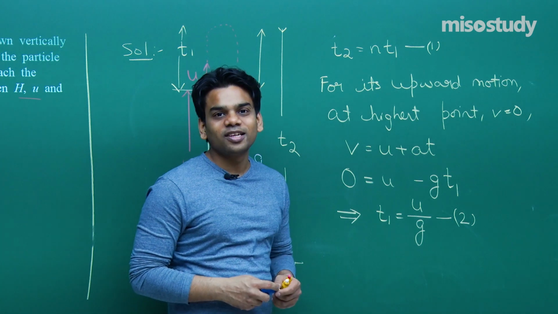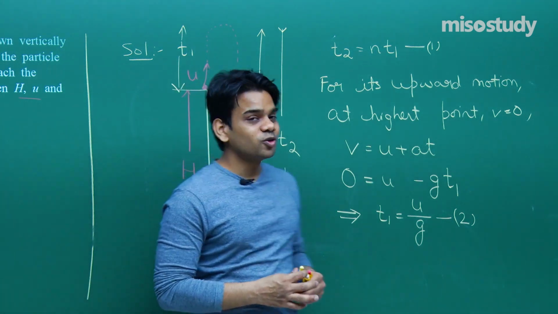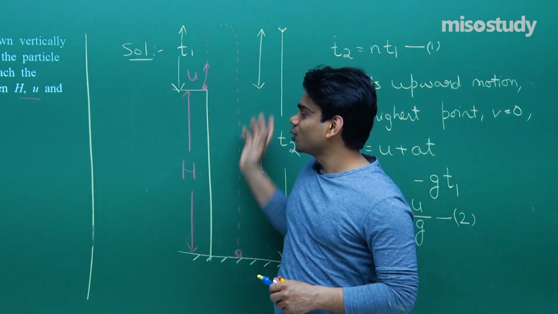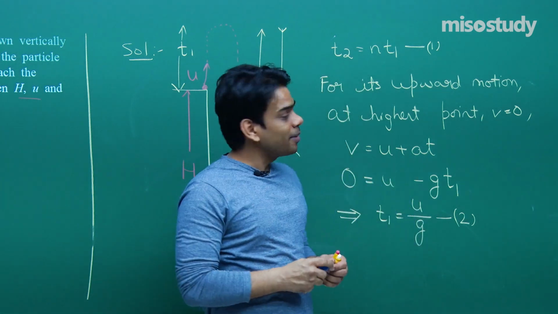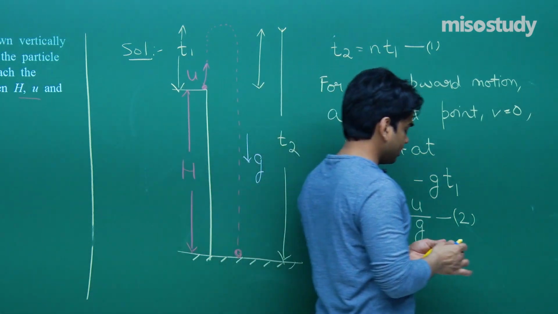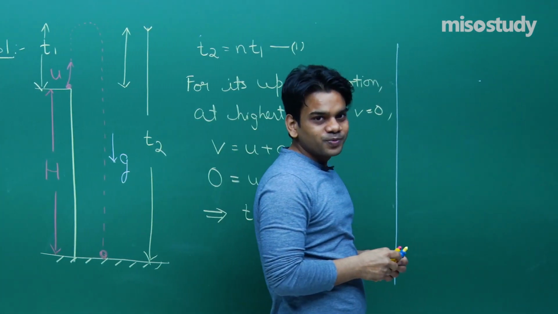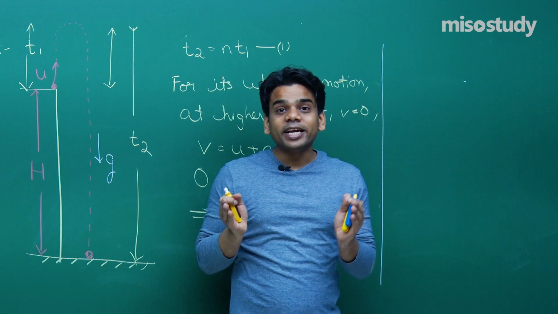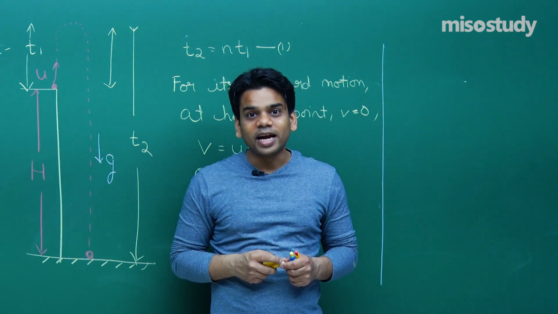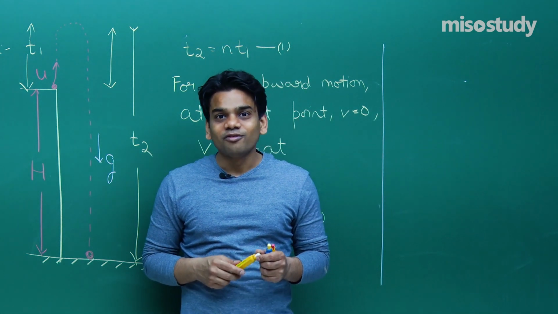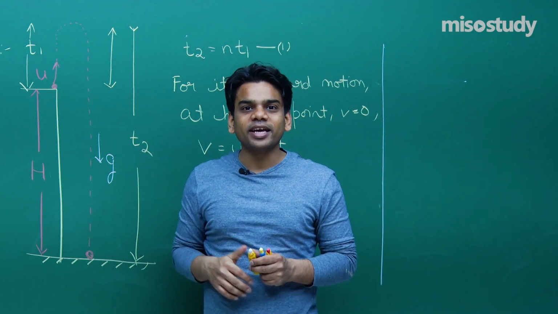Let's go ahead with the second, that is, we need to find out the time taken to complete the entire motion. For t2, see the displacement, the net displacement as it hits the ground, that will be equal to minus h. Why minus h? Because downward direction we are taking as negative.